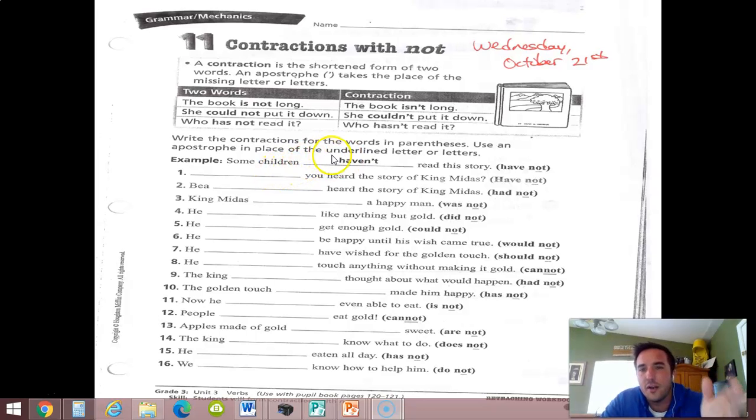So some children haven't read this story. Haven't you heard of King Midas? You contract this, and a lot of times if you look on page 120, 121, it'll actually tell you exactly how to do it, but you really just write haven apostrophe t. Again, the underlined letter here, that's what you kick out, and you place an apostrophe right in there.